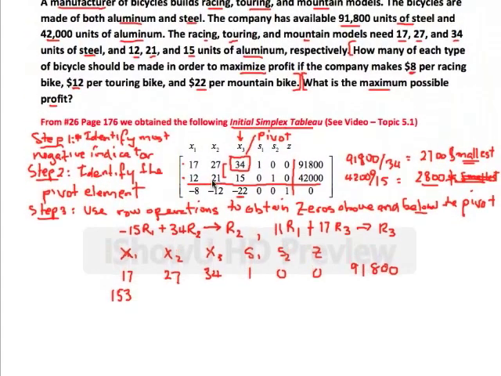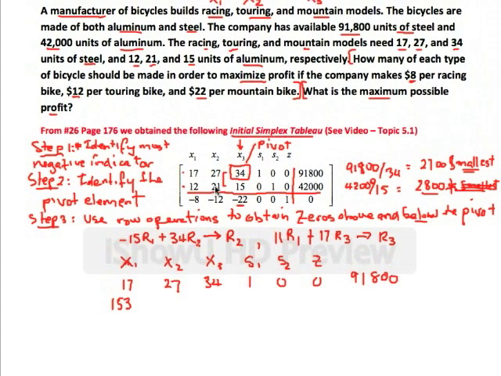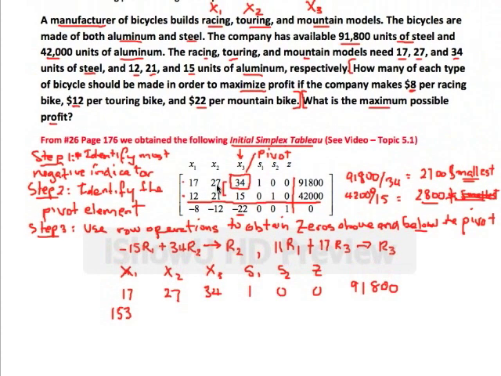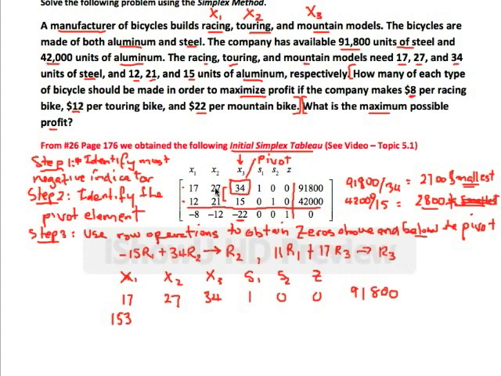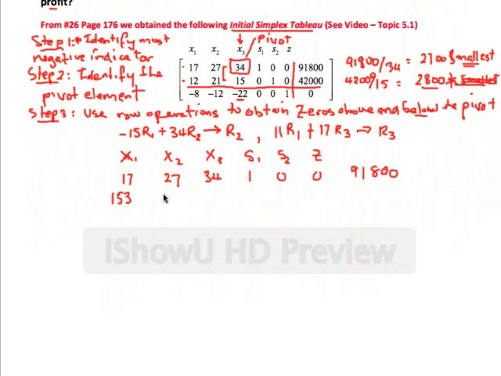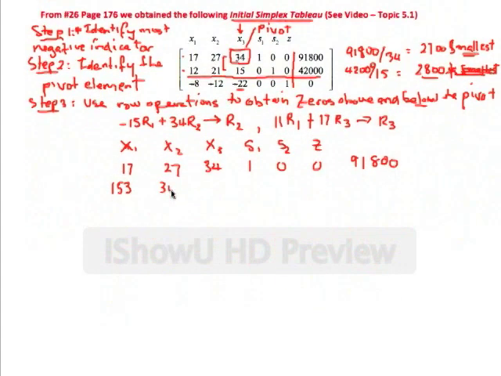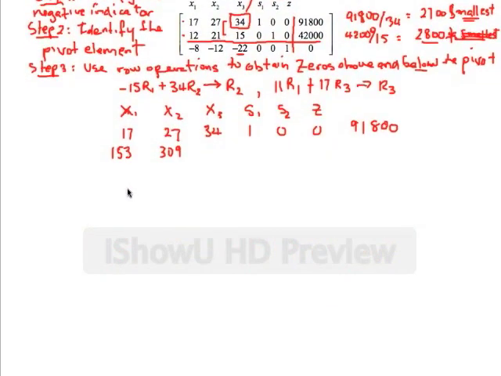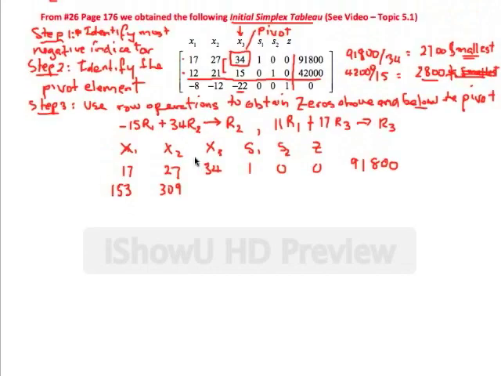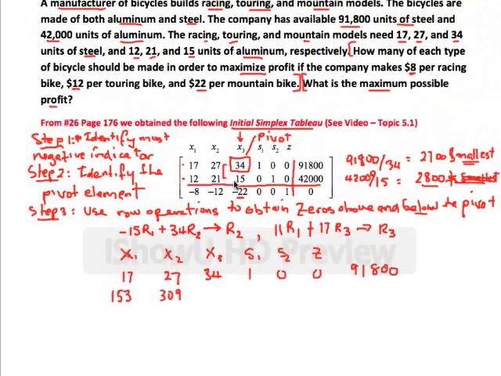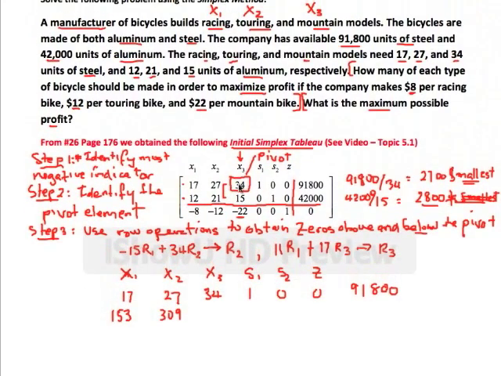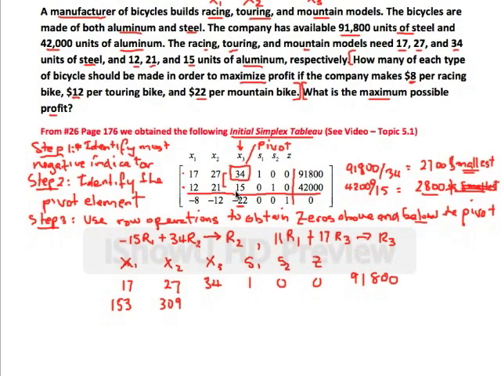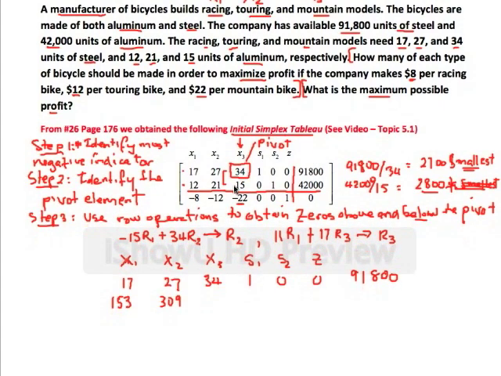Right, same thing here. 21 times negative 15 and add 34 times 27, and you'll end up with 309. So check my arithmetic, make sure you got your calculator. And next, of course, we have negative 15 times 34, and we're adding 34 times 15.